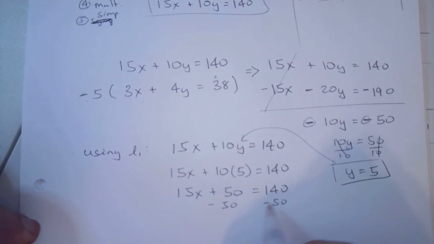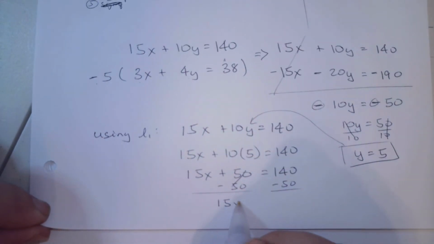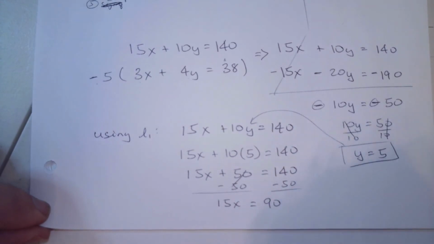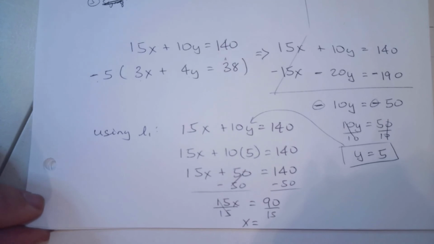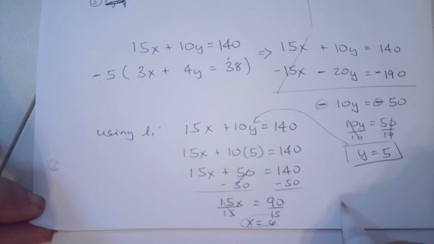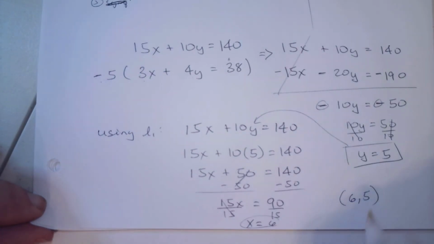Subtract 50 from both sides. 140 minus 50 is 90, divided by 15. So 15 goes into 90 6 times. So my answer is 6, 5.